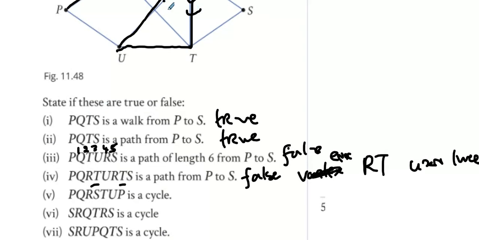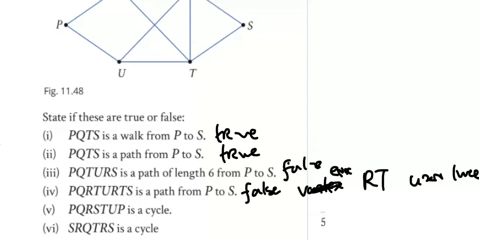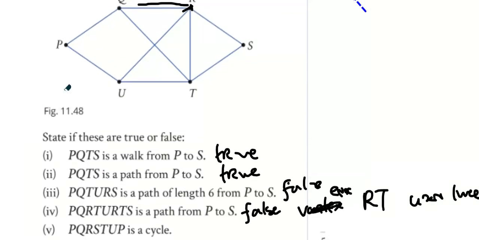Is PQRSTUP a cycle? So it has to have a start and end point, and it's only allowed to use each part once. So let's figure this out. Okay, so we have P to Q, yep. Q to R, yep. R to T, yes. T to U, yes.